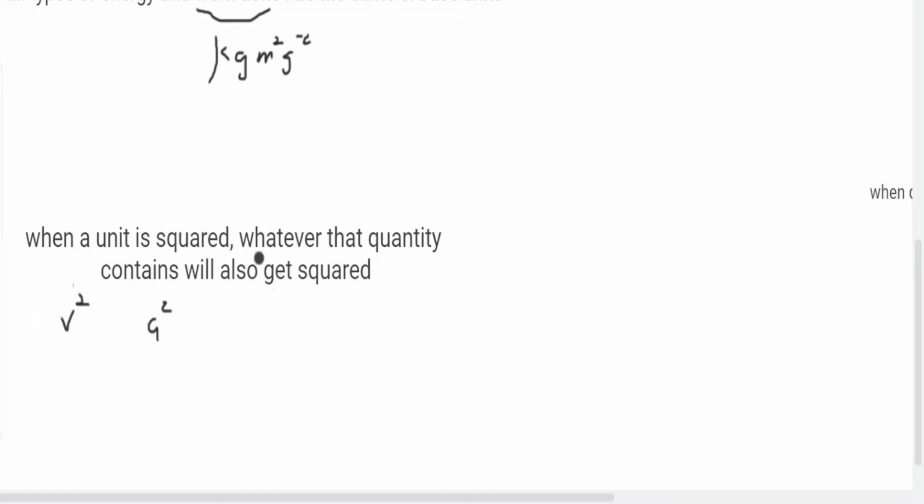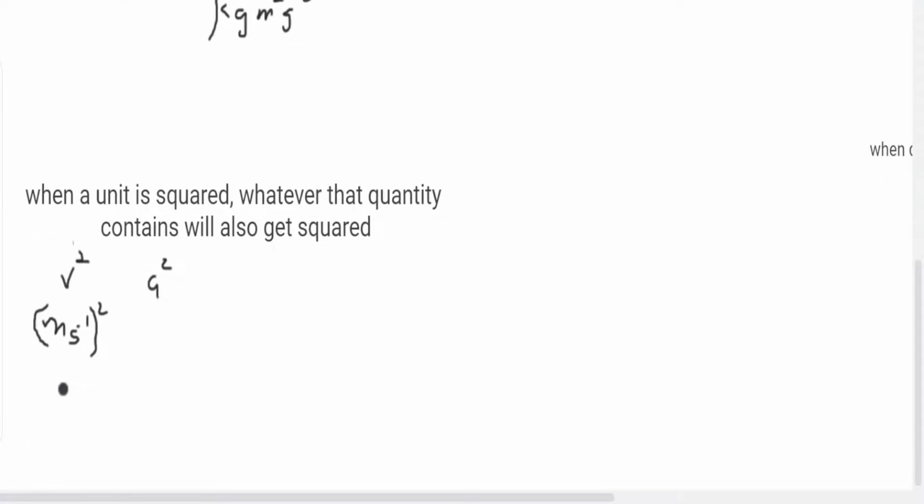When a unit is squared, whatever the quantity contains will also get squared. Let's take velocity for example. We know that velocity has the SI base unit of m s^-1. Now what this power says is that m s^-1 is squared. When something is squared, whatever the unit is inside that bracket will also be squared.